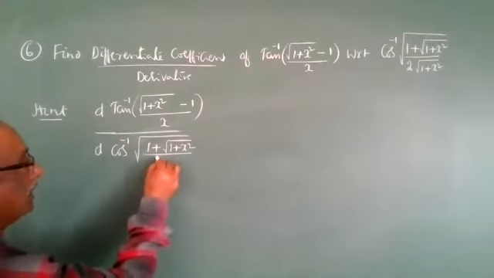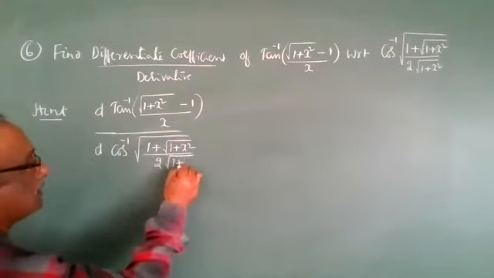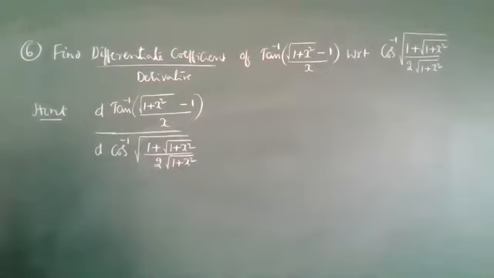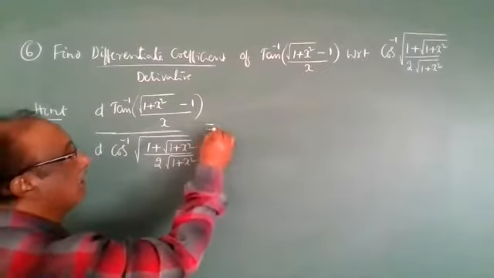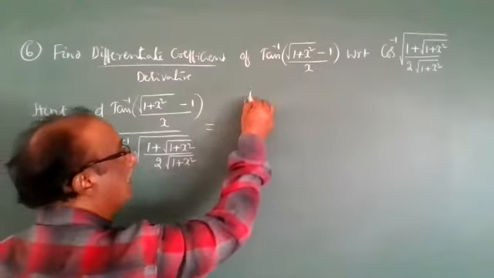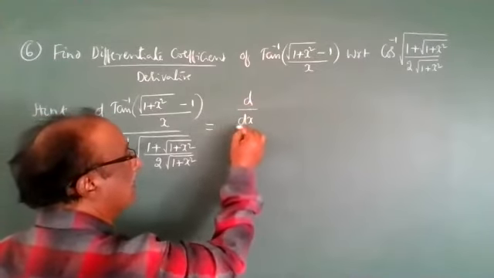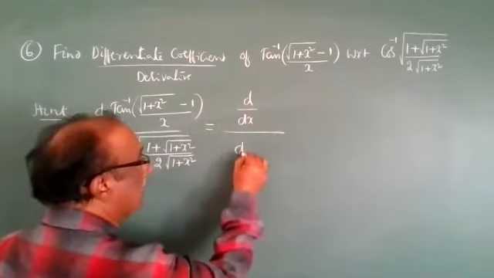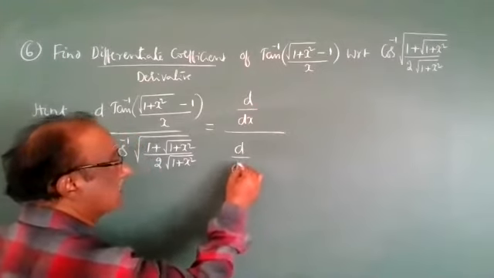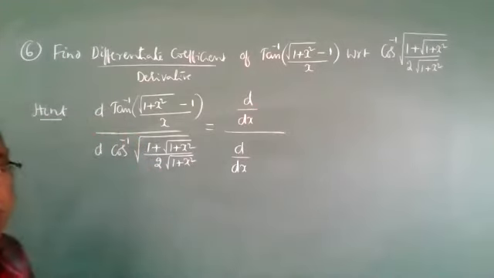The derivative of this with the root is not directly possible. That's why we divide both the numerator and the denominator by dx.